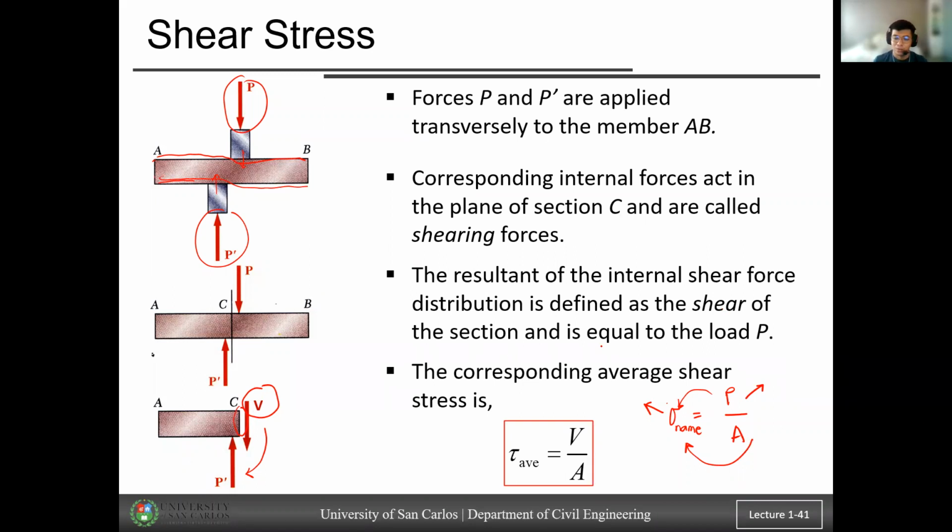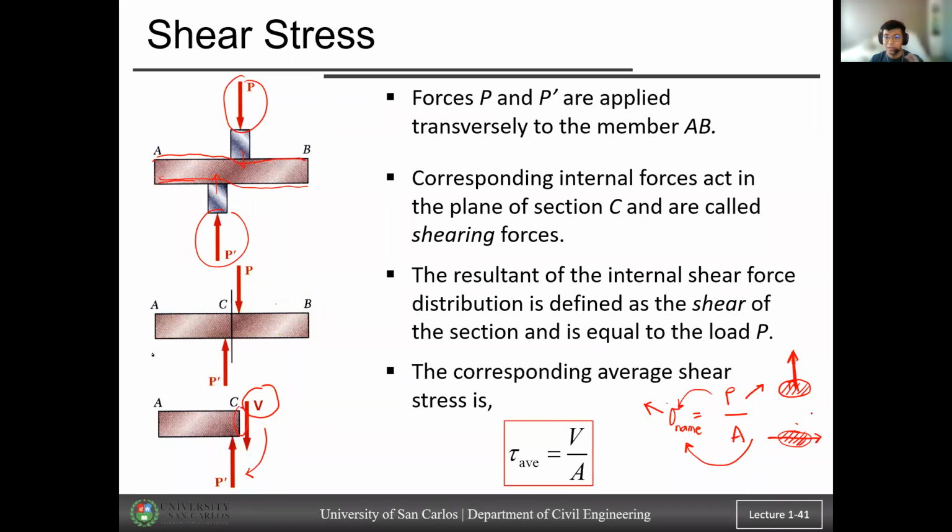So far what we have discussed from last meeting was just normal stress, right? So the force is perpendicular to the area. So for example, this one is your contact area, and this is the force perpendicular to the area. This time, if this one is our area, the shear force is parallel to the area of contact.